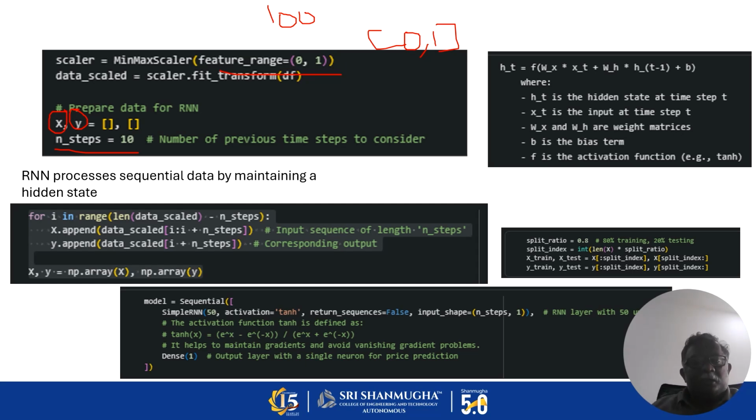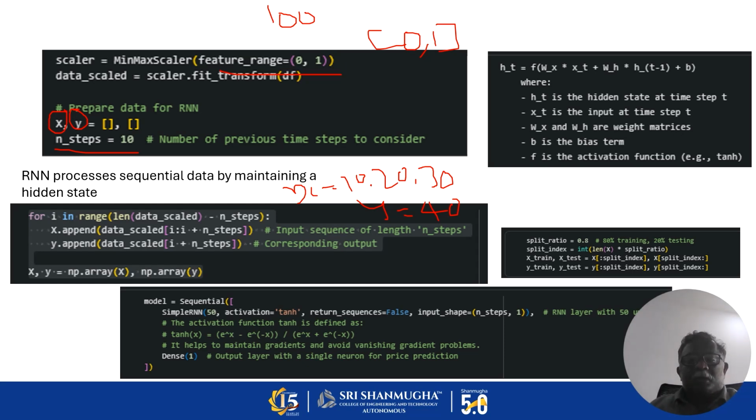For example, I can say 10, 20, 30, 40, but for simplicity I will take a very simple one, where the number of steps is 3 and the predicted value is the next one. For example, 10, 20, 30 is my input and my output is going to be 40. Similarly, for 20, 30, 40 the output is going to be 50.